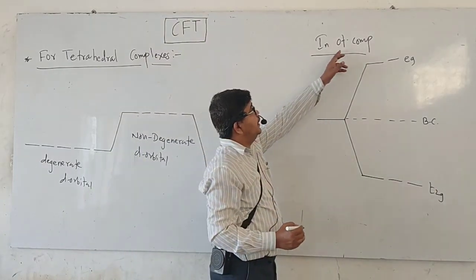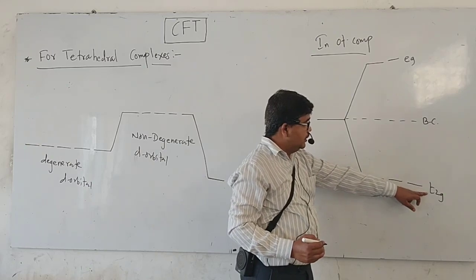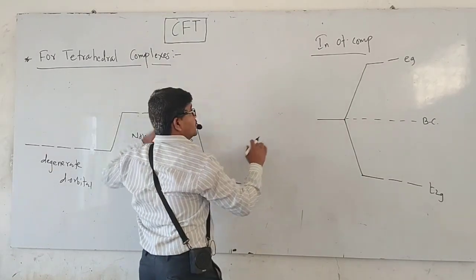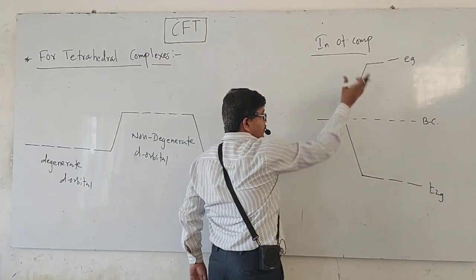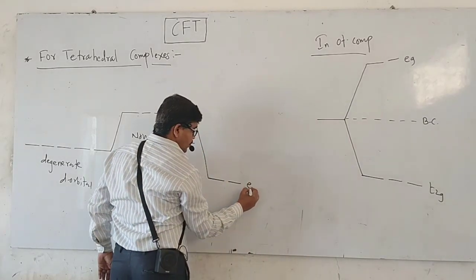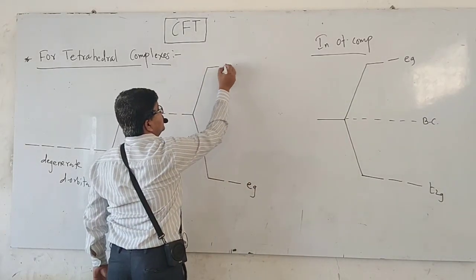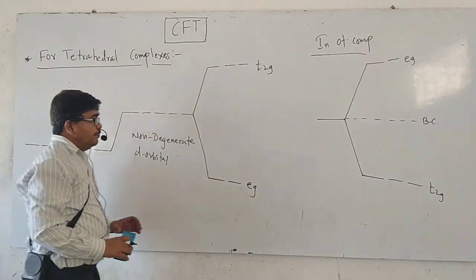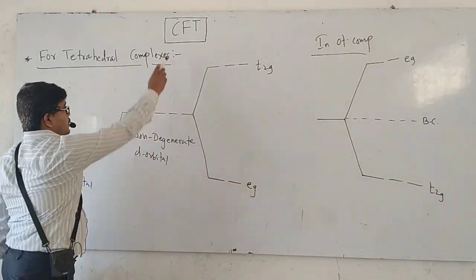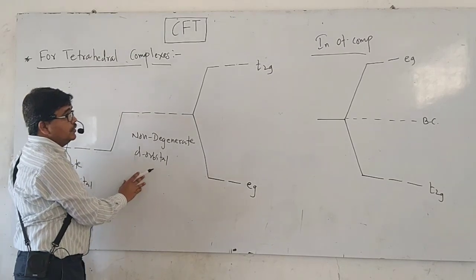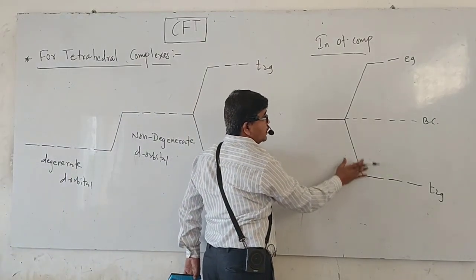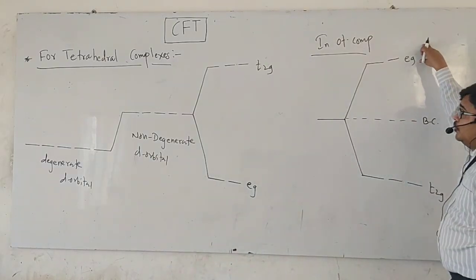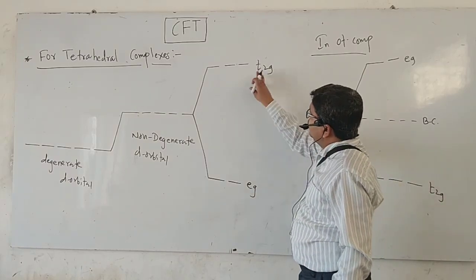You know that in octahedral complexes, T2g lies at the lower level, Eg at the upper level. But in tetrahedral complexes, this will get reversed, meaning Eg will come down and T2g will go up. So this is the main difference between CFT for tetrahedral and octahedral complexes. In octahedral, T2g is down, Eg up. But in tetrahedral, E is down, T2 is up.